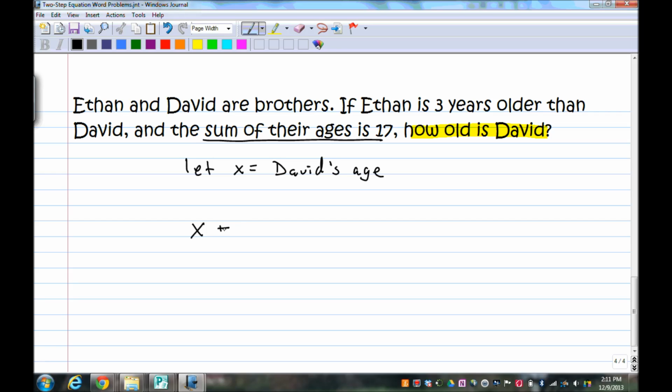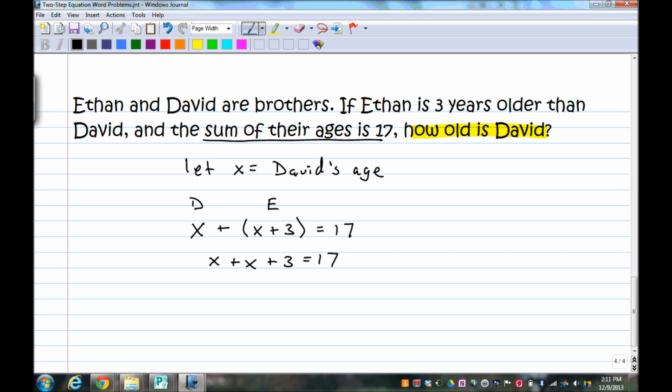So here is David. And then Ethan is going to be David plus 3. And this is going to be equal to 17. Now, the parentheses really aren't necessary here, but what I wanted to point out to you is that this is David and this is Ethan, okay? So, drop those parentheses. I have x plus x plus 3 is equal to 17.